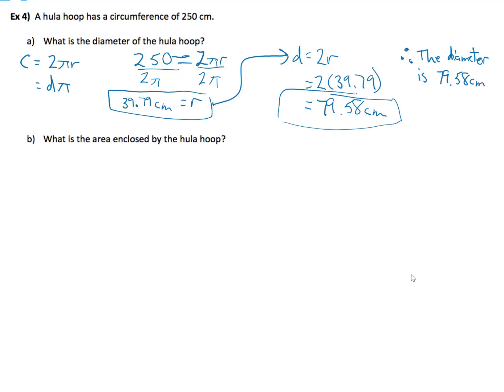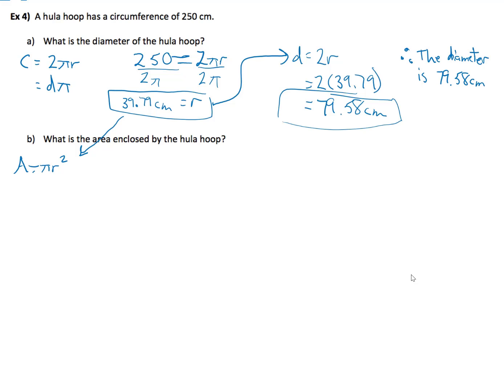Well, we look at our formula. It should be A equals pi r squared. And that should be the area for our circle. Well, we sub in the r value that we figured out earlier, and we can actually solve what the area is for this hula hoop.